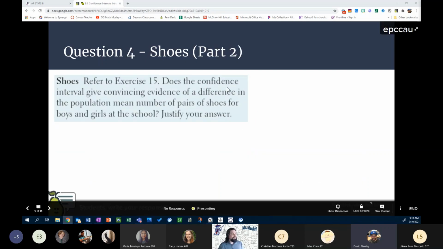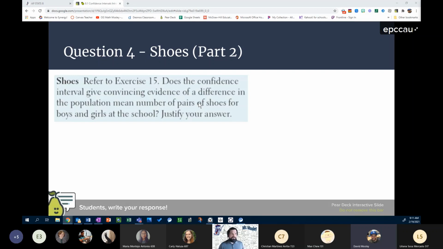Does the confidence interval, the 10.9 to 26.5, give convincing evidence of a difference in the population mean number of pairs of shoes for boys and girls at the school? In other words, based on our interval, is it plausible, is it reasonable to conclude that there is a difference between the amount of pairs of shoes that girls own compared to boys? And use that interval as your evidence.